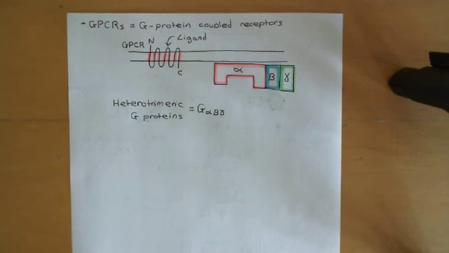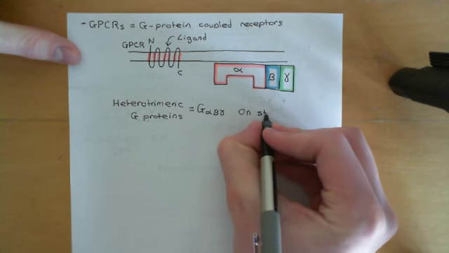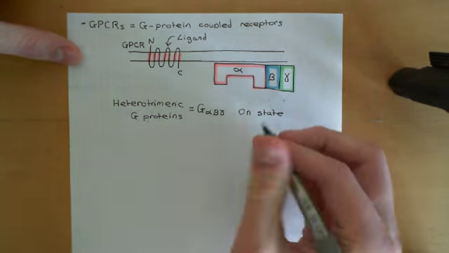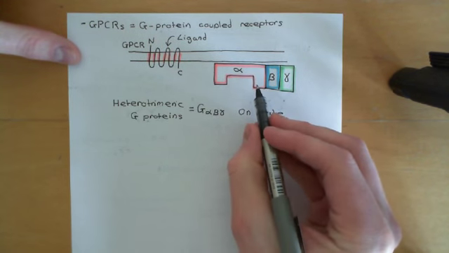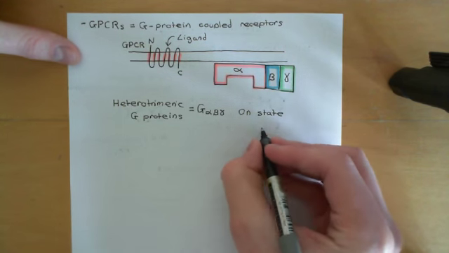Now, heterotrimeric G proteins can be in 2 states. They can be in an on state, in which the alpha subunit has GTP bound, and it's not bound to the beta-gamma complex.